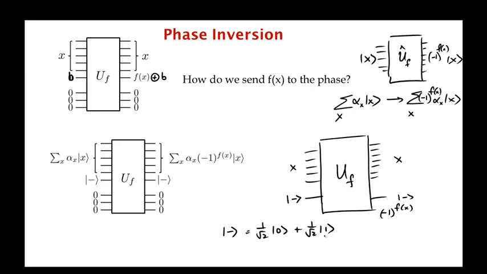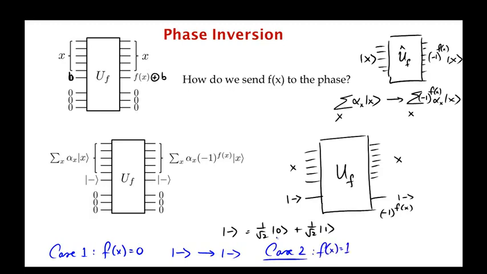So there are two cases. Case 1, f of x equals 0. If f of x equals 0, it leaves the answer bit unchanged, so minus gets mapped to minus. Case 2, f of x equals 1. In this case, the answer bit gets toggled.